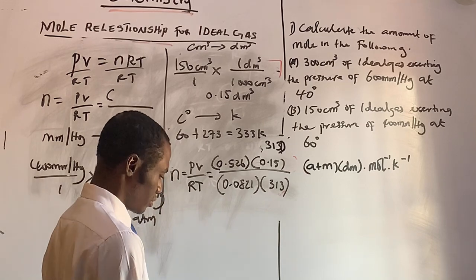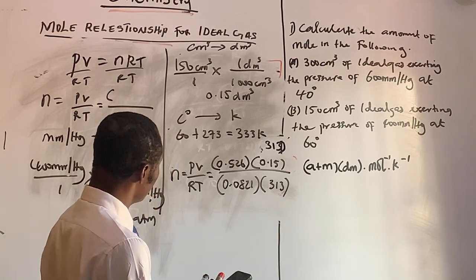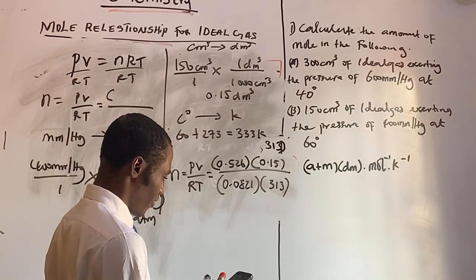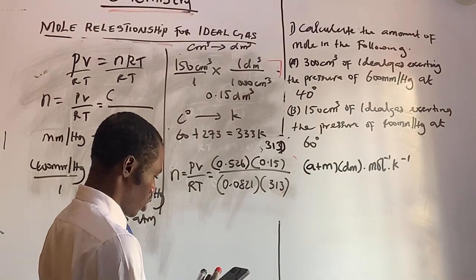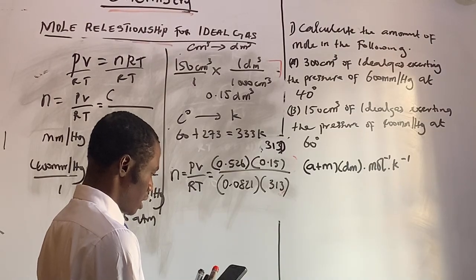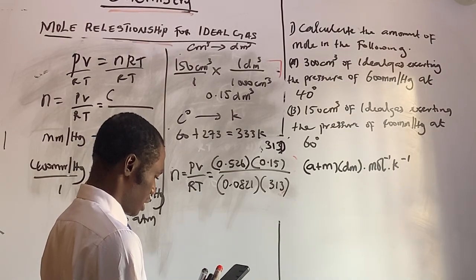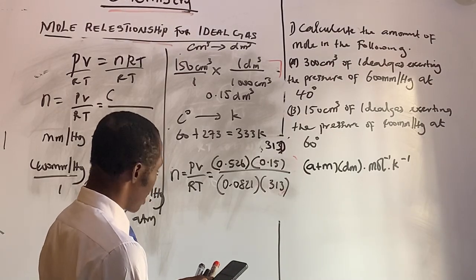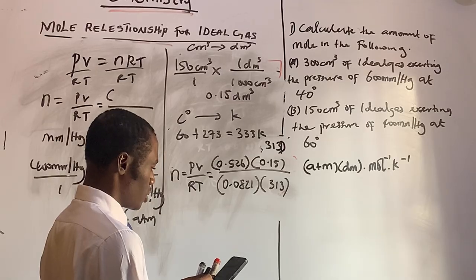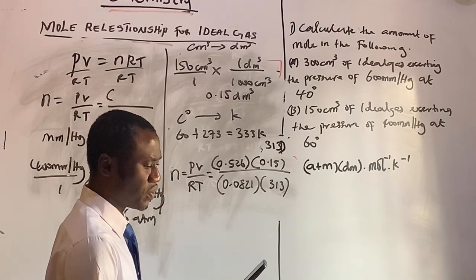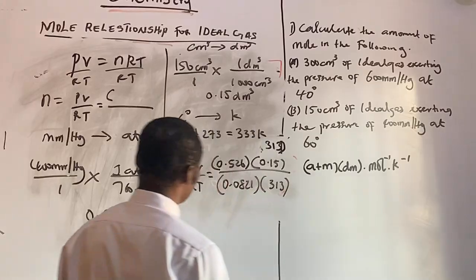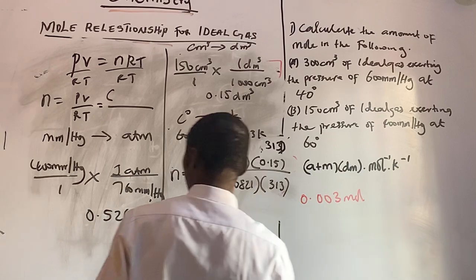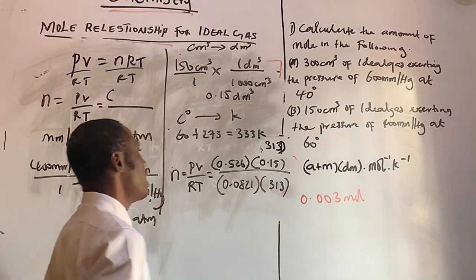So we have 0.526, then we're multiplying by 0.15, and then dividing by 0.0821 and 313. The answer is 0.003 mole. Now that's the final answer.